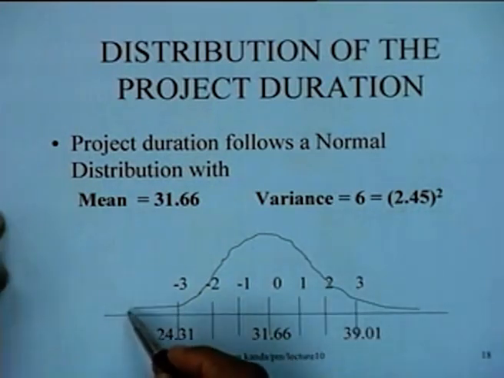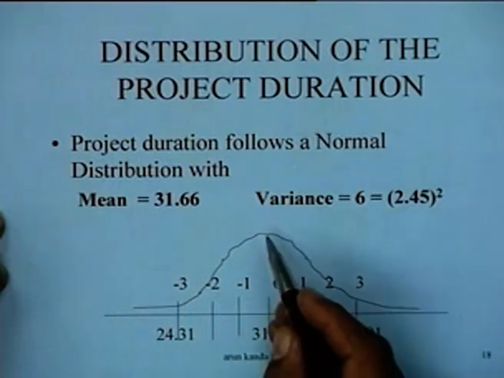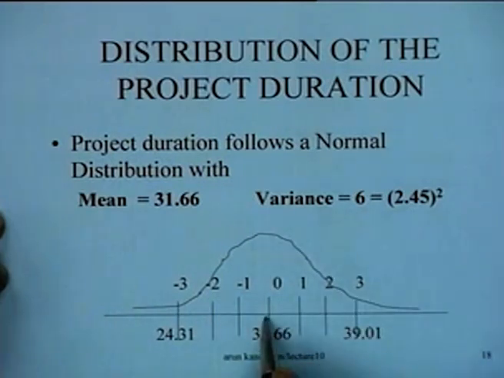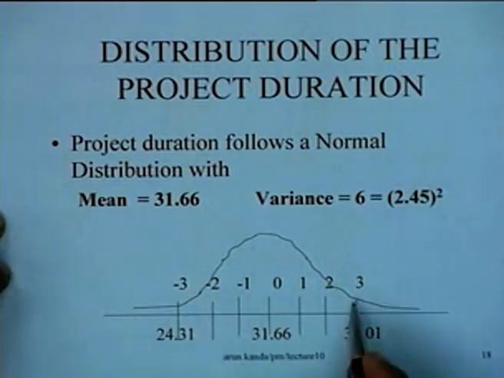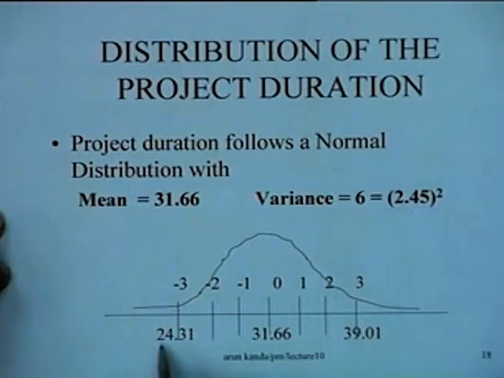So the normal distribution would typically be a distribution which is something like this, and you notice here that the mean completion time of the project is something like 31.66, and we can make use of certain properties of the normal distribution. You know, the normal distribution is contained almost entirely within plus minus 3 sigma limits. So the plus minus 3 sigma means 3 into 2.45 plus minus that gives you values of 24.31 to 39.01.